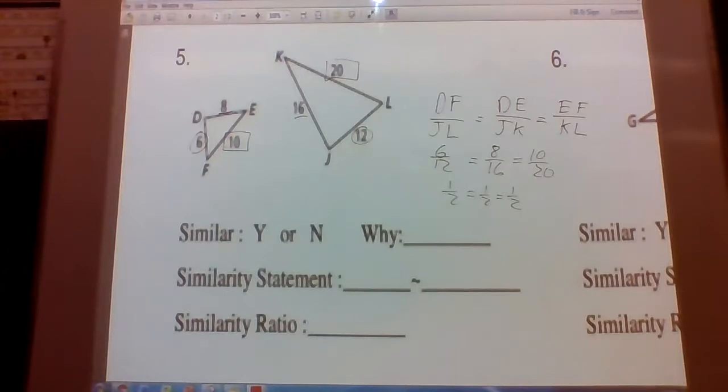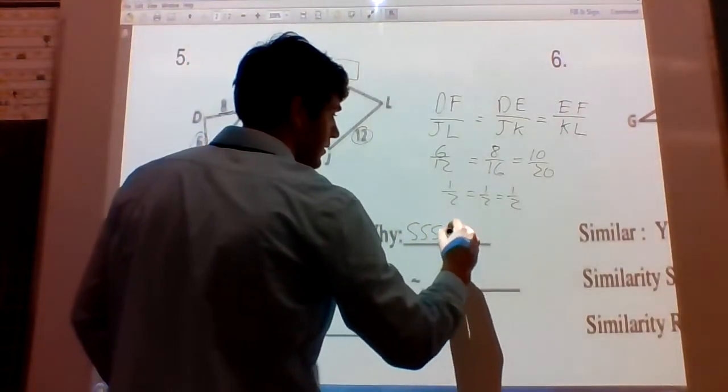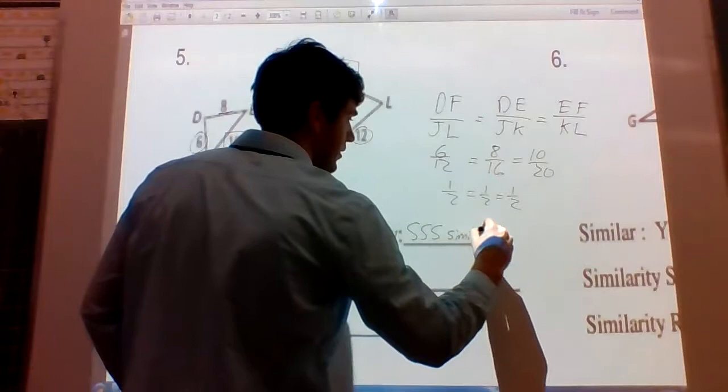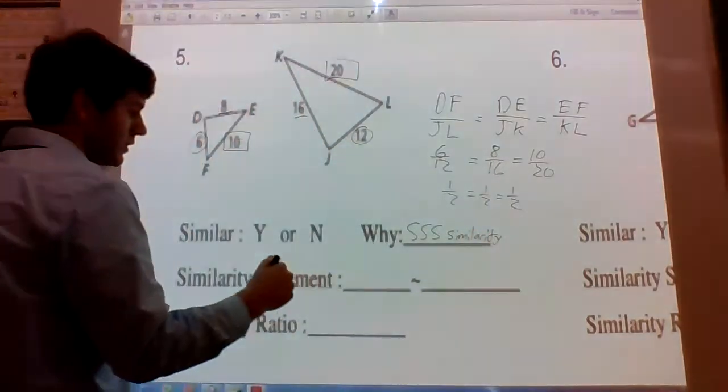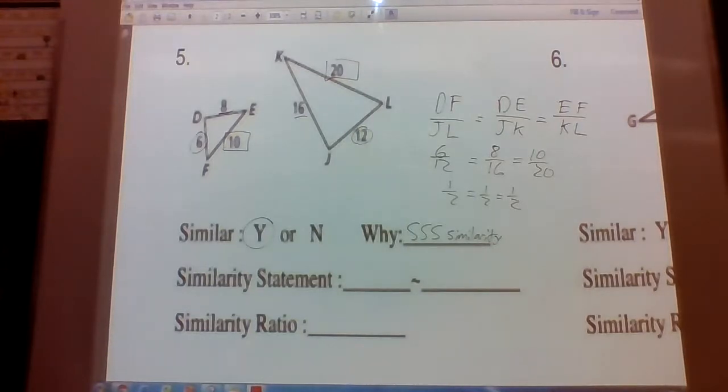Since the ratios are the same for each of the corresponding sides, we know the sides are proportional. All three sides are proportional. We know by the side similarity postulate or criterion that these triangles are similar, meaning they have the same shapes, but different sizes.